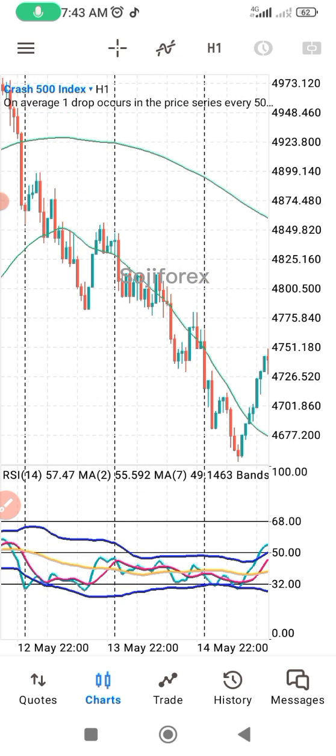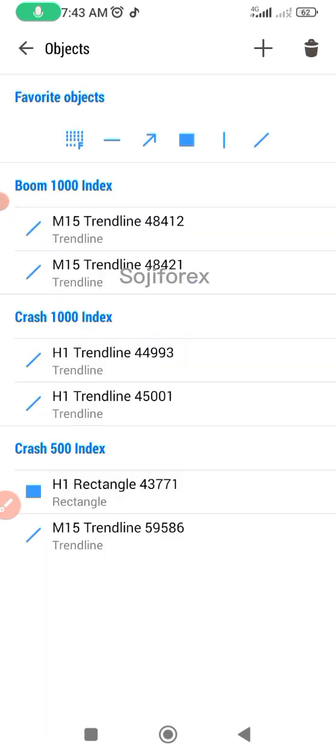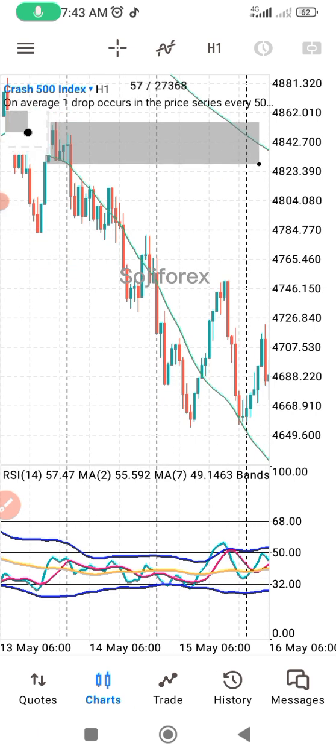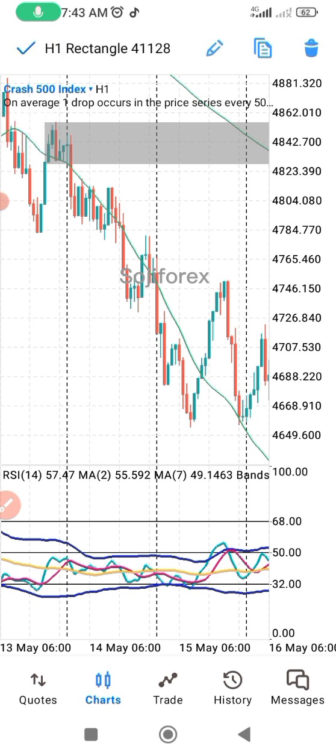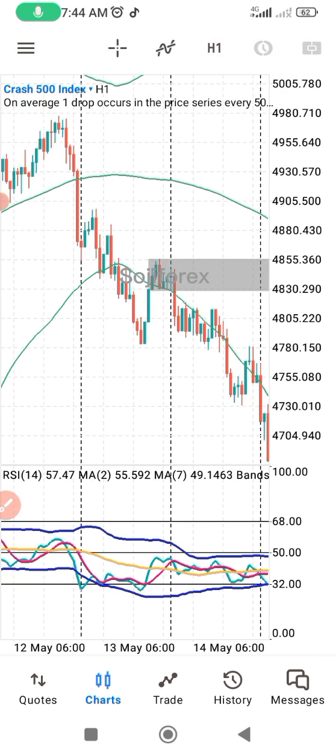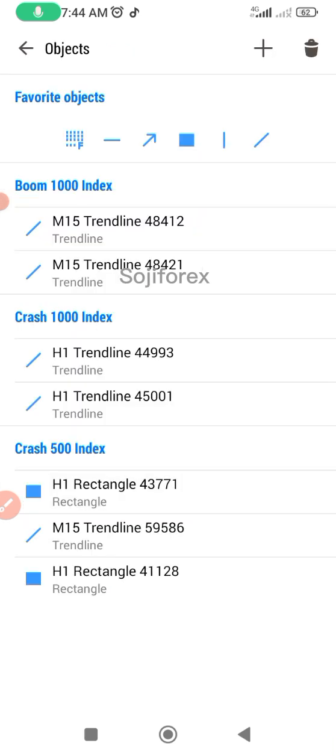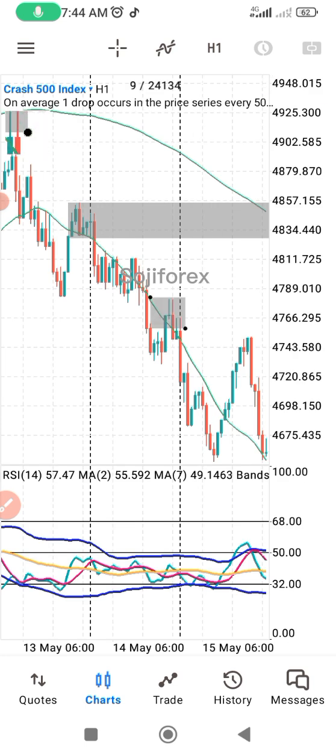And by doing such, I'll begin to mark these zones. Here I have another order block. Okay, I have another block there. I have another order block here.